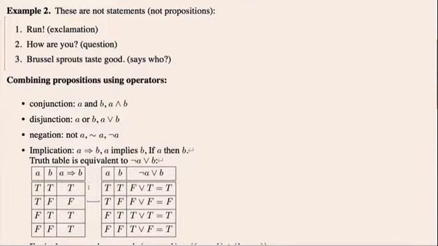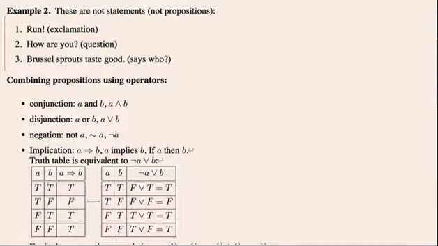So you should be familiar with how to create truth tables to figure out the value of a complex proposition. If we have two propositions A and B, then we have to write down all the different combinations, whether one is true or false.